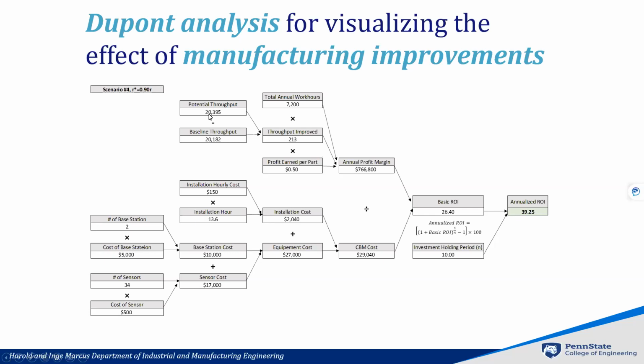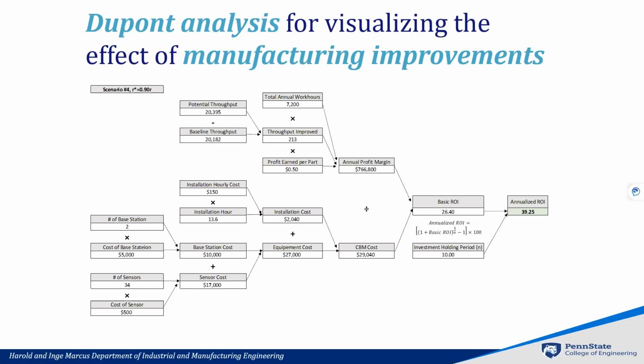That is in our ability to predict what this might be. I also want to emphasize that these are model-based predictions, so they're only as good as the models and the data that is going into the model. Nevertheless, you get an objective way to assess the impact. So based on the throughput improved and profit earned per part, these are fictitious numbers. You can change it for the particular company at hand.